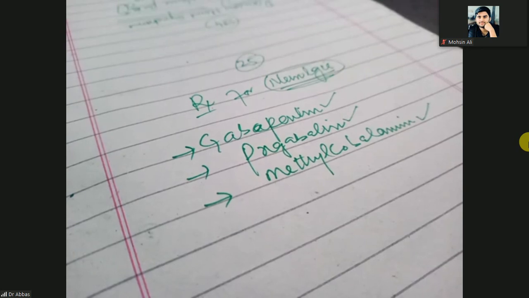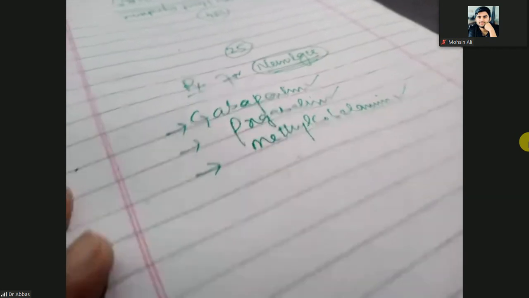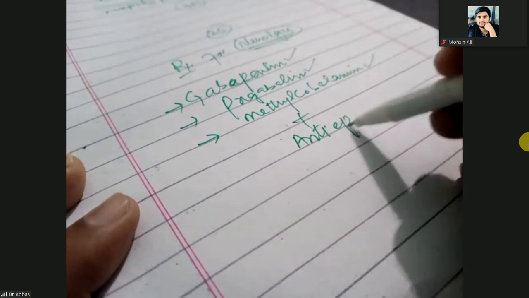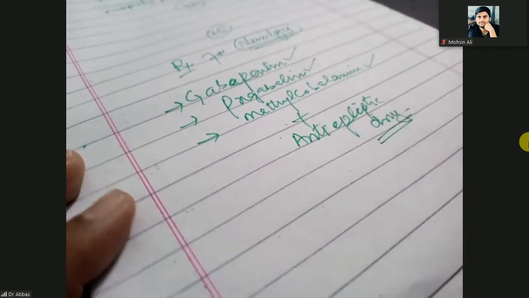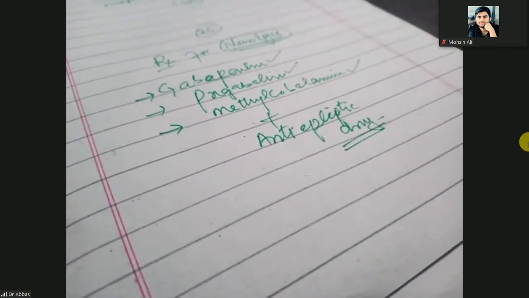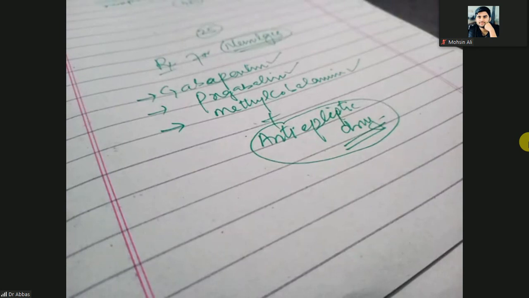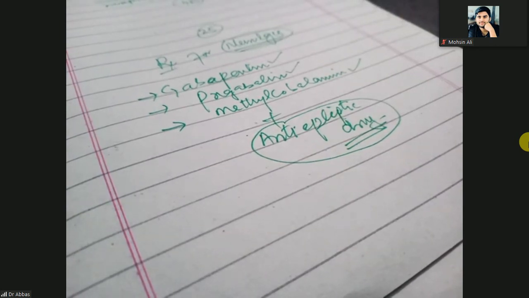These medicines are continued for a longer period, weeks to months, because post-herpetic neuralgia remains for a long time. Sometimes we add anti-epileptic drugs, because post-herpetic neuralgia can cause epilepsy, so we sometimes use anti-epileptic drugs concomitantly.